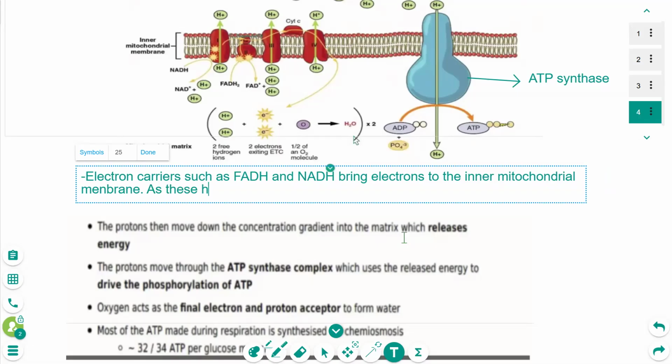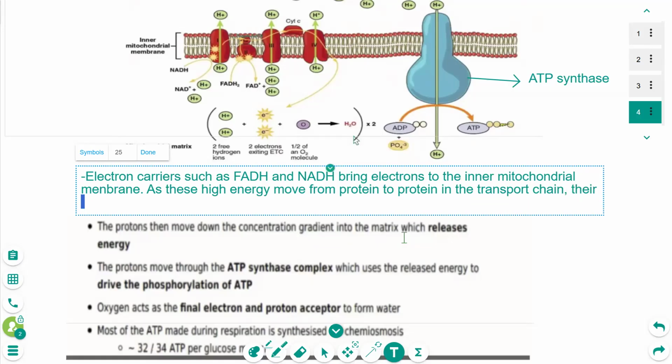As these high energy electrons move from protein to protein in the chain, their energy is used to pump hydrogen ions from the matrix into the intermembrane space.